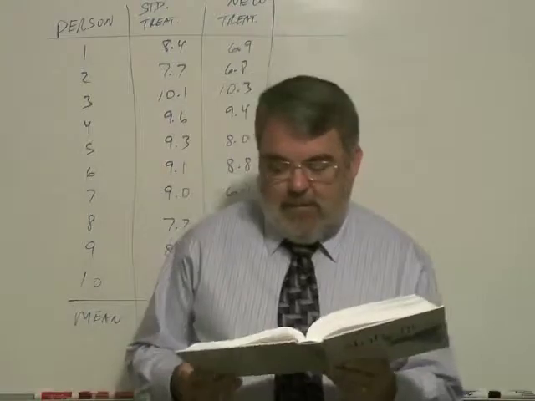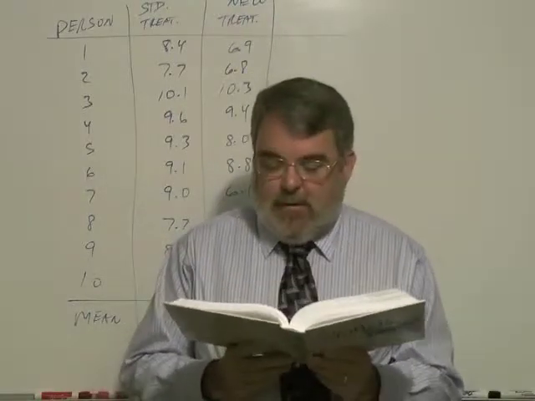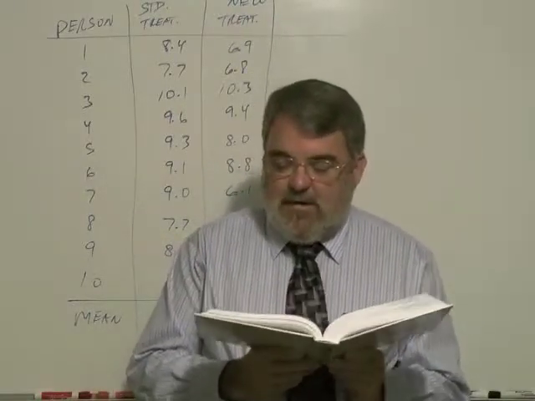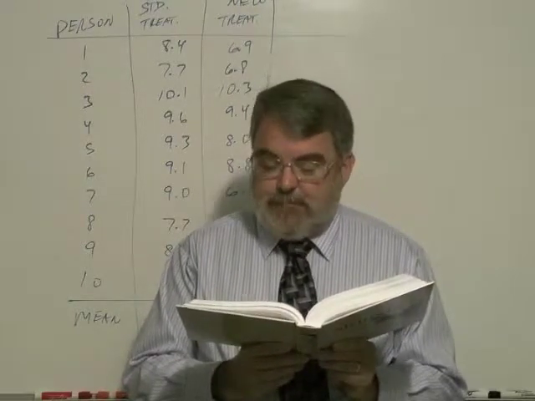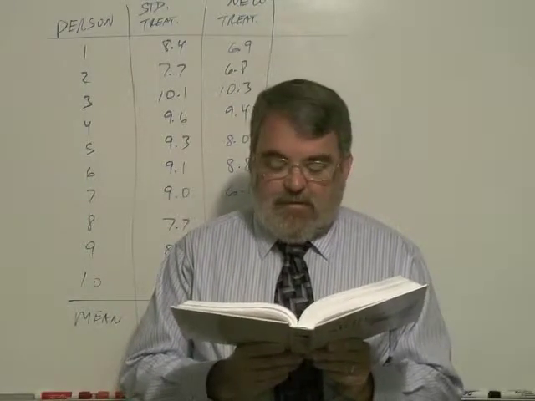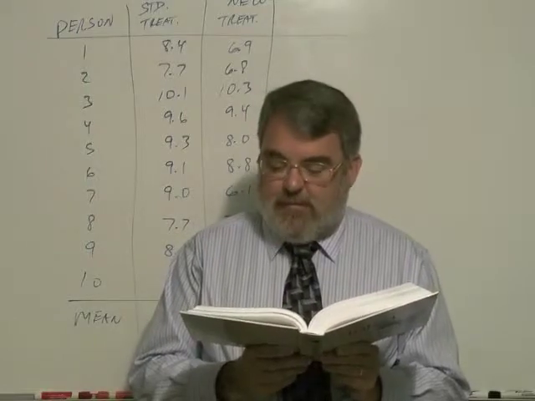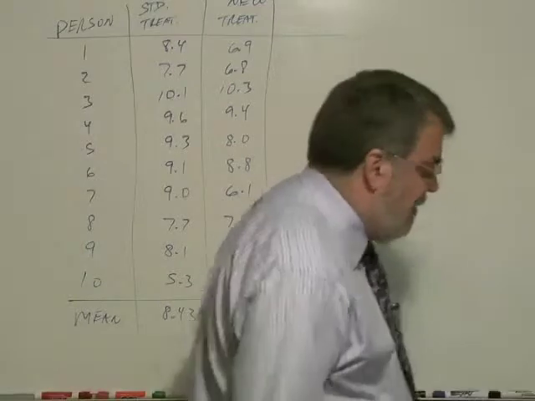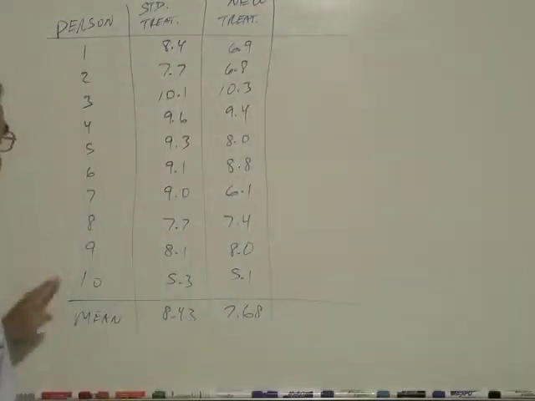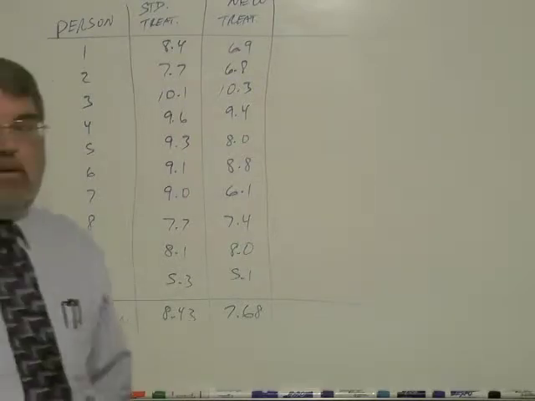Table 11.20, which I've copied on the board here, shows data on times in minutes of relief of headaches for a standard and a new treatment. We want to see if there is a difference between the two treatments. So here we have 10 people, persons 1 through 10, and they walk in with headaches and they're given the standard treatment.